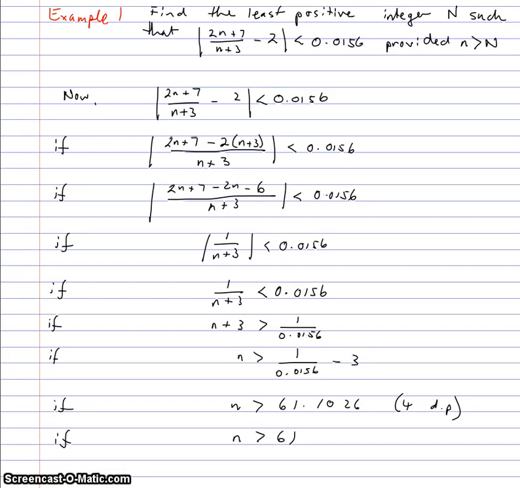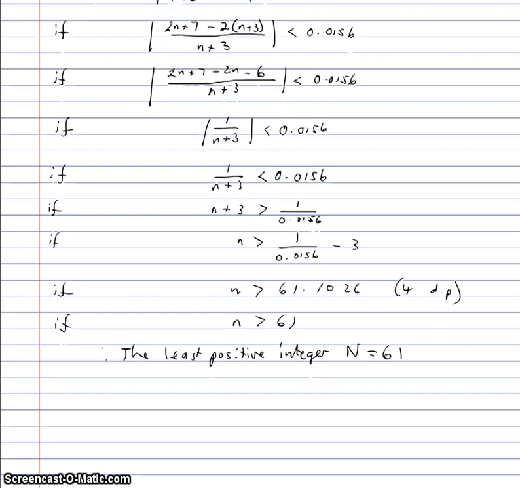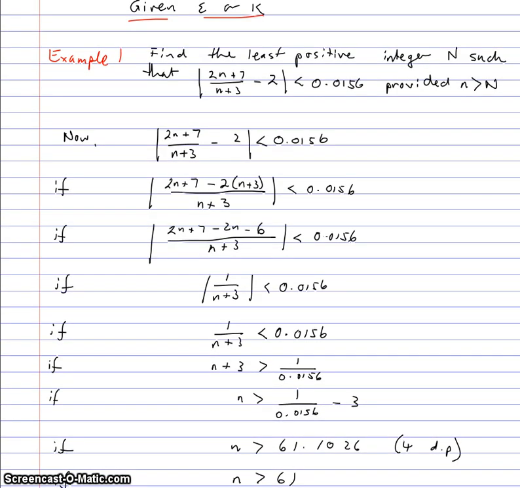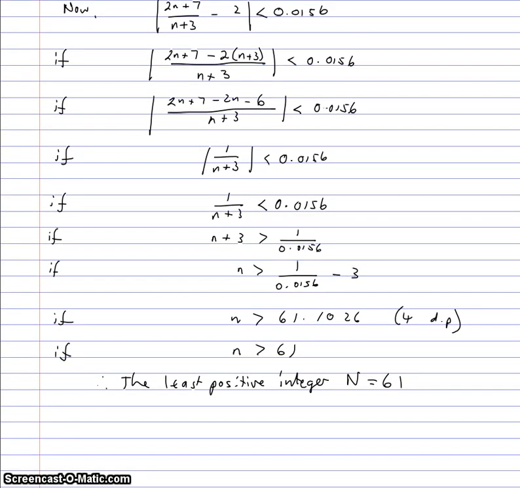Now, if the number of terms is greater than N, then that means that the least positive integer, capital N, must be equal to 61, because we're told here that the number of terms is greater than 61, and our statement at the beginning, that's what we require, n must be greater than N, so the smallest number of terms, n, must be greater than 61.